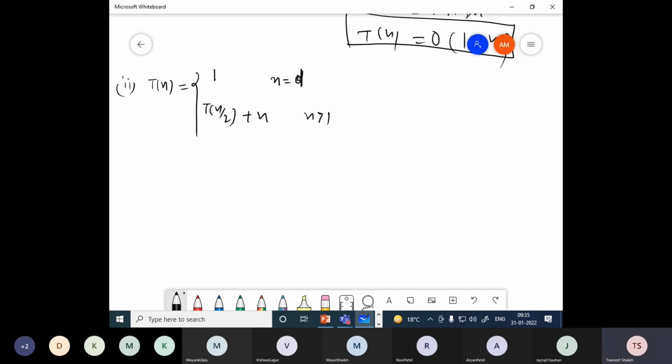The same example is there in decreasing functions also, but here we are taking it in the dividing case. So what we have to solve is this one: T(n) = T(n/2) + n.